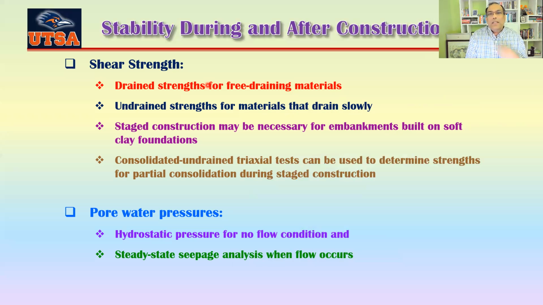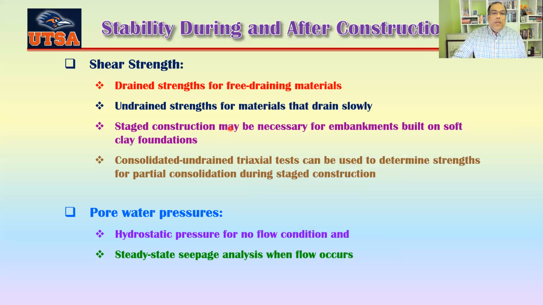So in 3 years, you have constructed 20 or 30 feet stage by stage. Every time, let's say you work 3 months to construct, then you take 9 months off so that the clay soil in the foundation gets a chance to dissipate all the excess pore water pressure by that time.